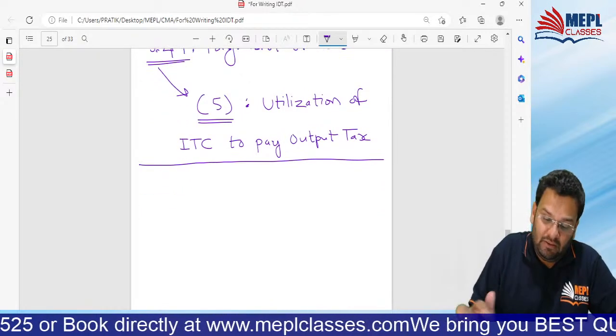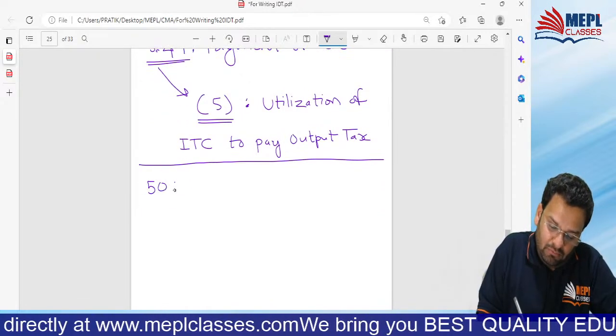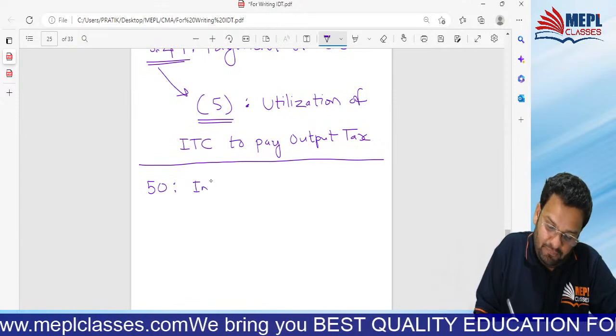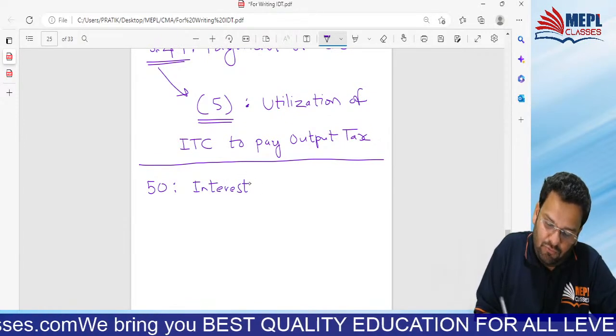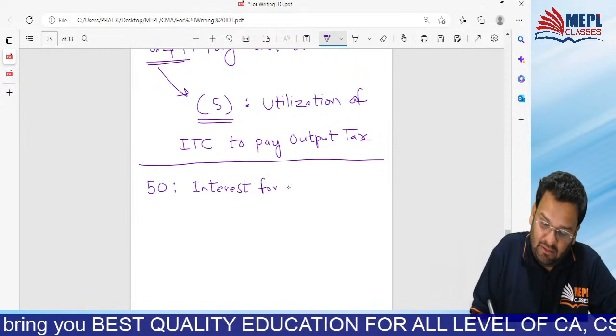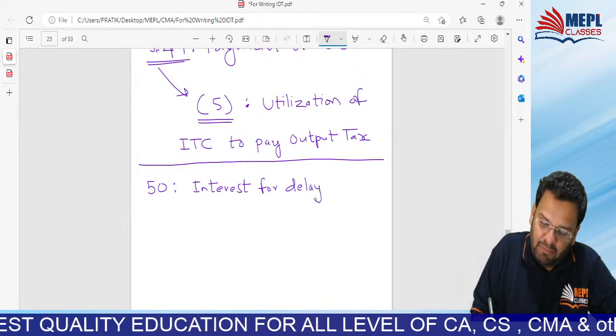Then 50 talks about interest for obviously delay in payment of GST.